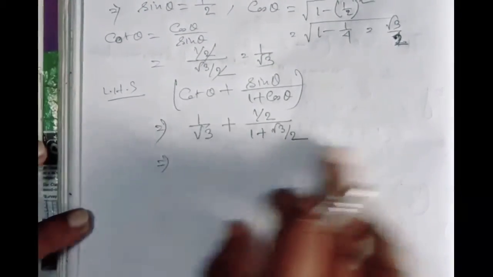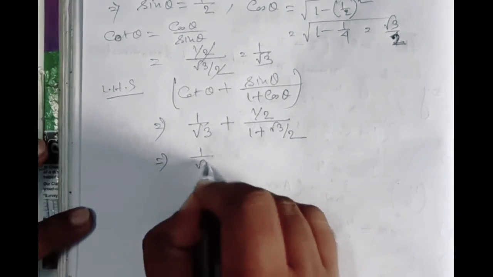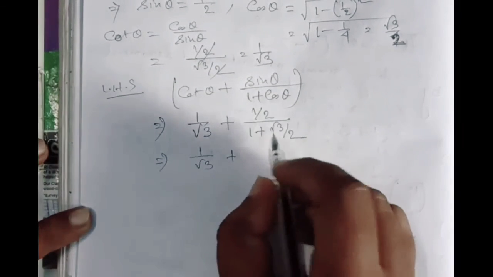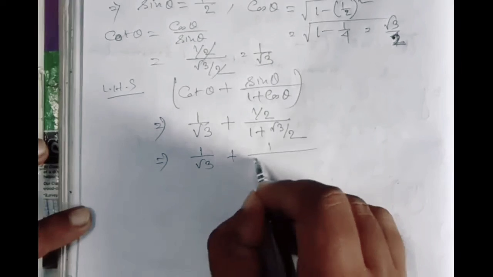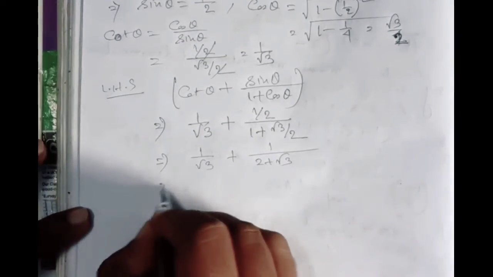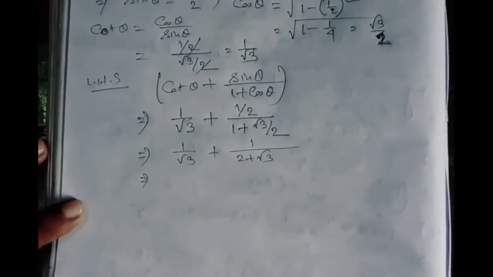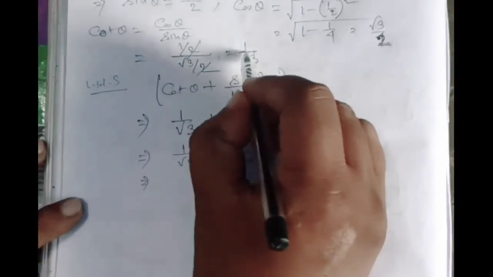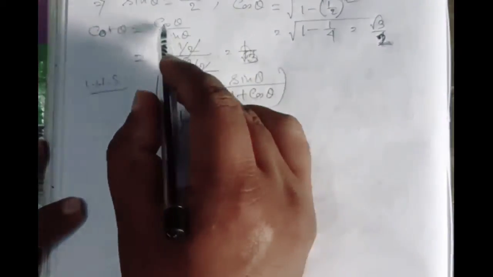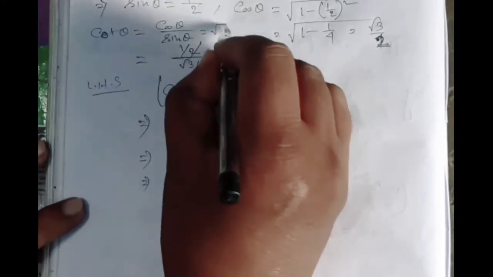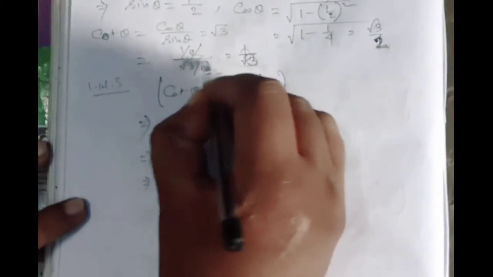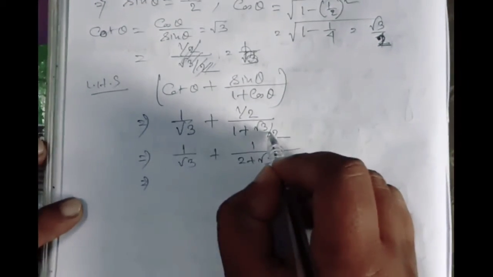Sorry viewers, calculation mistake. Cot theta means cos theta by sin theta, so by calculating, this is only root 3. So here we should put only root 3.